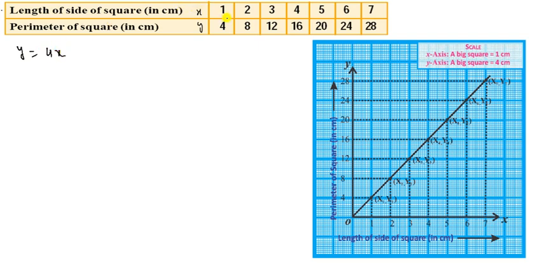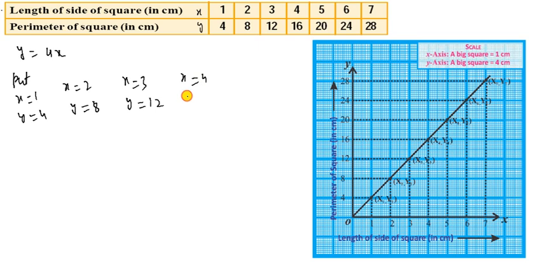You can see here it is starting from 1. So put x is equal to 1, so we get y is equal to 4, so you can see here 1, 4. Now x is equal to 2, so y is equal to 2 fours, 8. If x equal to 3, so y is equal to 3 fours, 12.